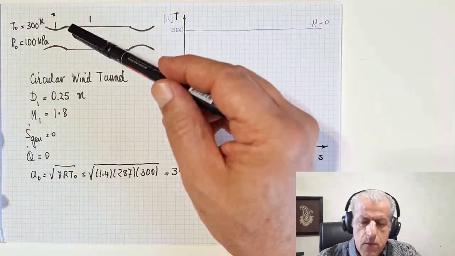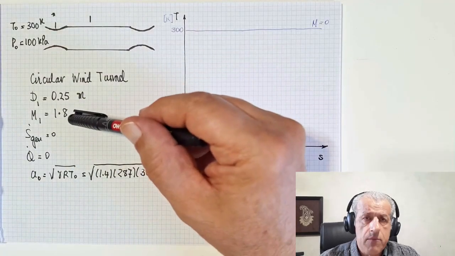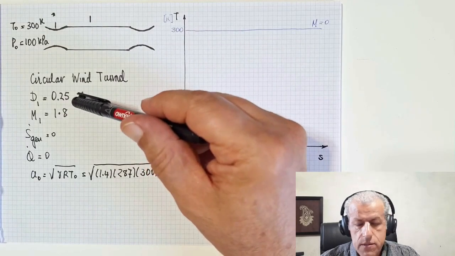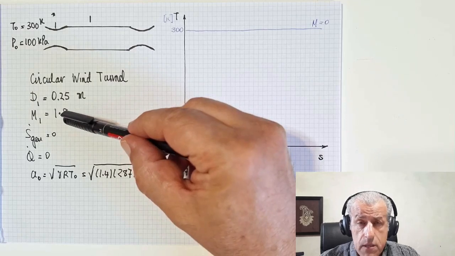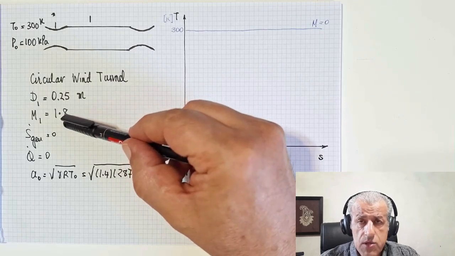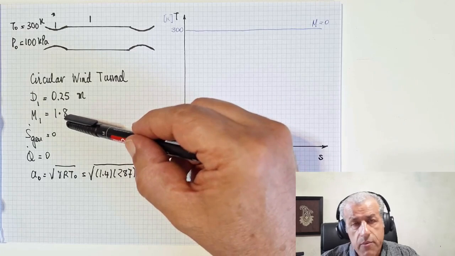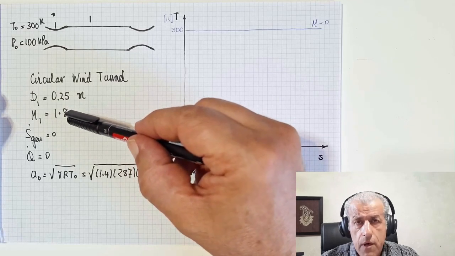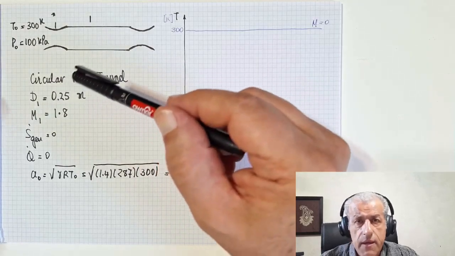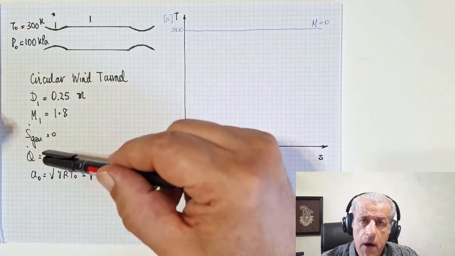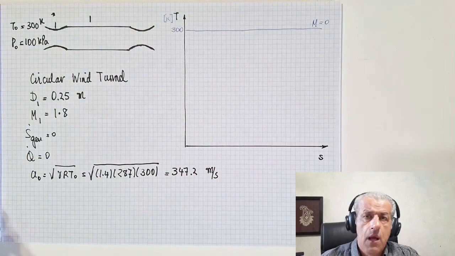At station 1, we're told that the Mach number is 1.8, and also the diameter is 0.25. Just the knowledge of one non-dimensional parameter, the Mach number here, is good enough for us to calculate or read from tables quite a number of other non-dimensional parameters.